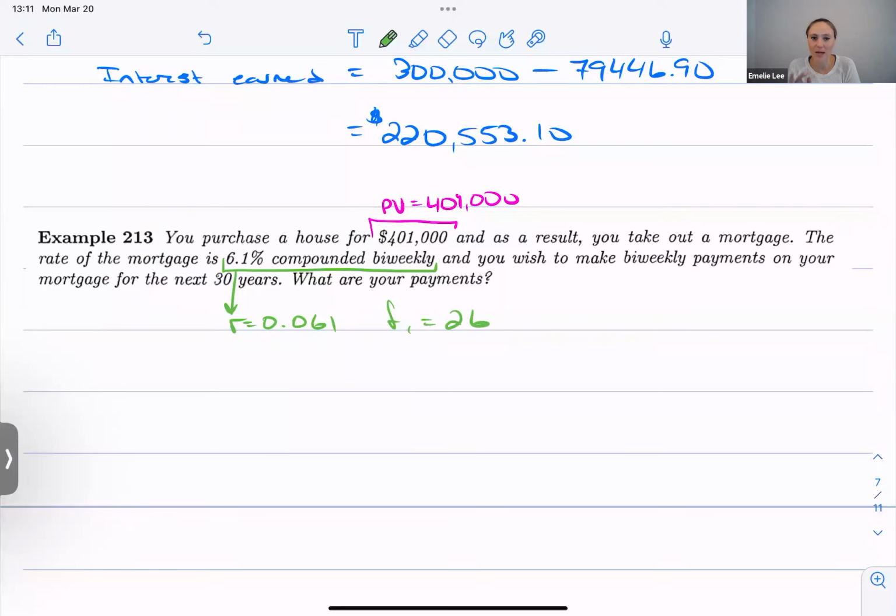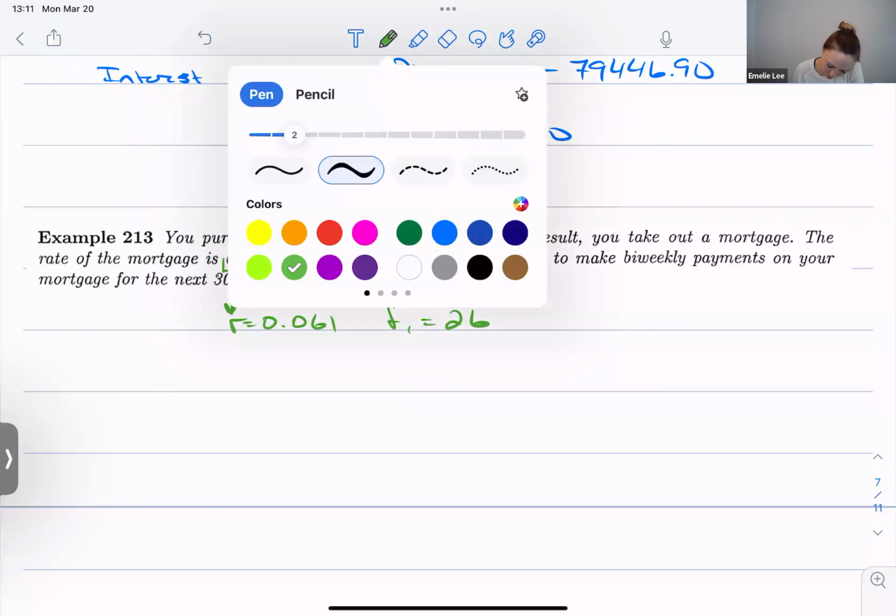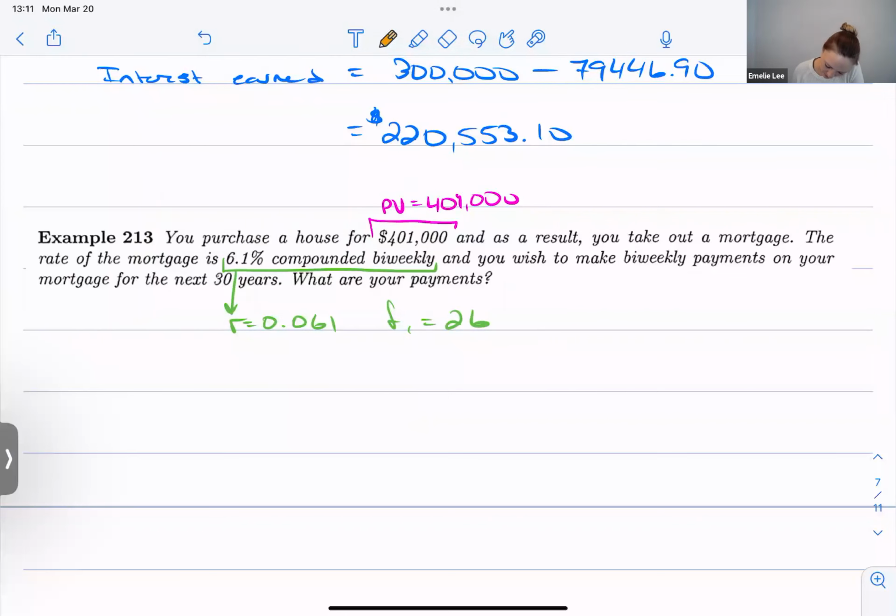So bi-weekly is a frequency of 26. And you're going to make bi-weekly payments, so F2 is also 26, and for 30 years, T equals 30. And you want to find what your payments are.